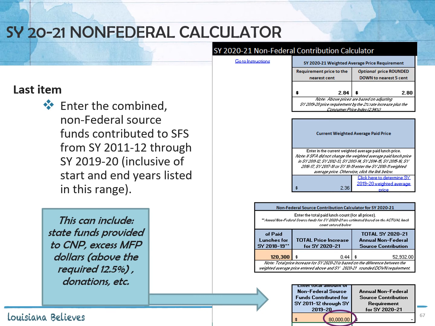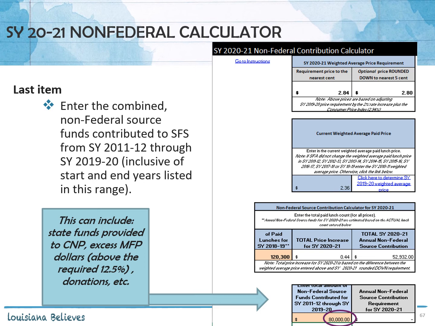Lastly, we will enter the combined non-federal source funds contributed to SFS from school year 2011-2012 through school year 2019-2020, which is inclusive of start and end years listed in this range.